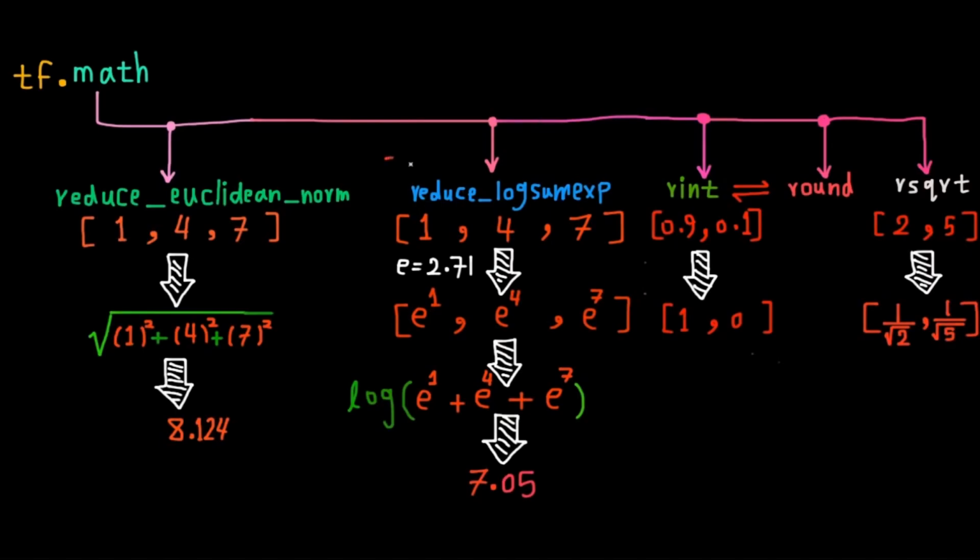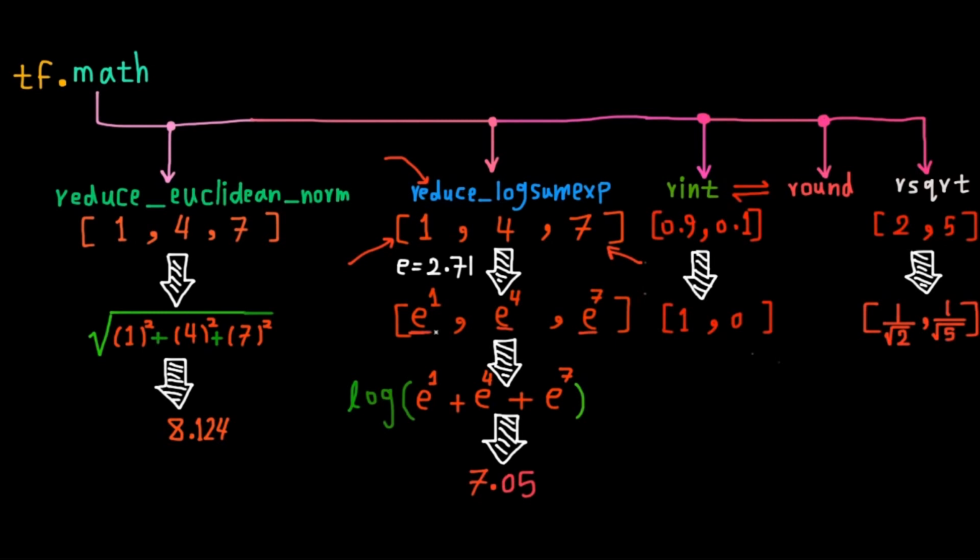Now let's take the second function, which is reduce log sum exponential function. Let's say we have this tensor with just 3 elements, 1, 4, and 7. You should know that exponential to the power 1 equals 2.71. The first thing that reduce log sum exponential function will do is take an exponential, as you can see here, of each element in this one-dimensional tensor.